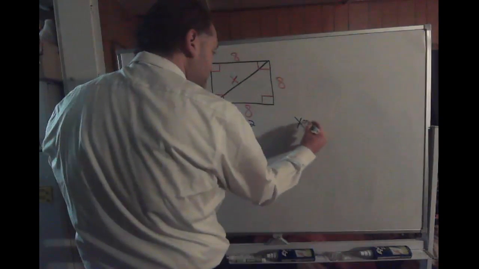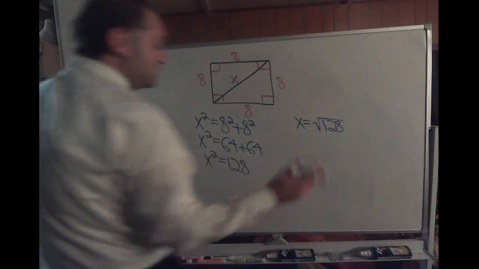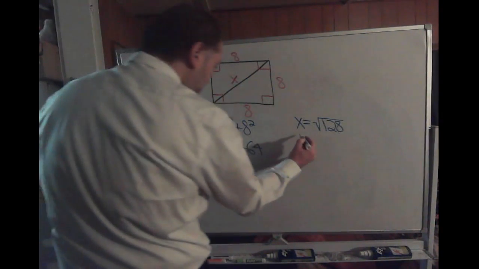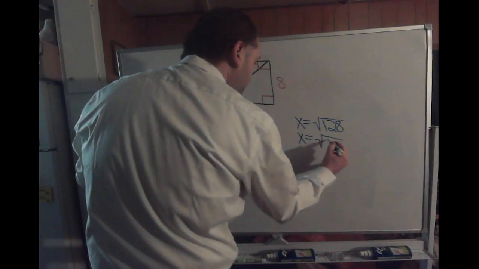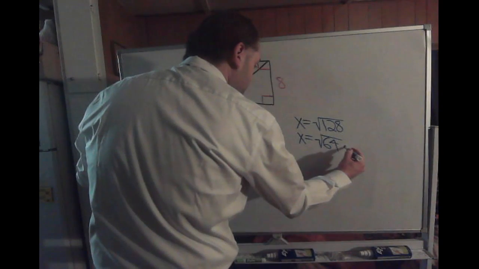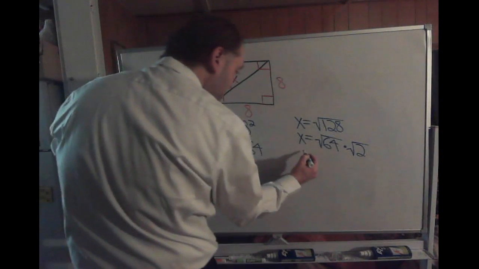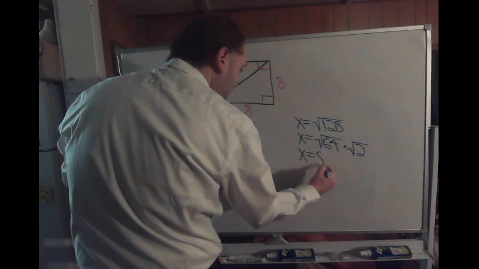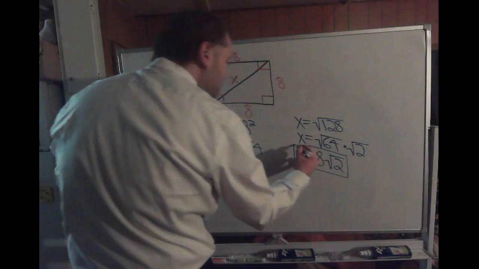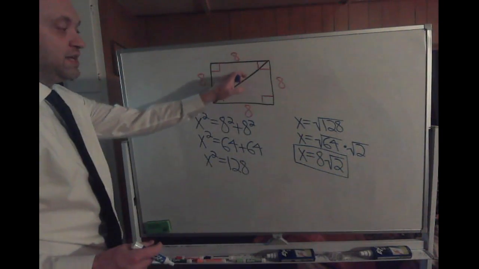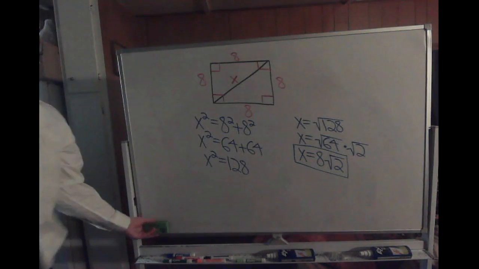That means x is equal to the square root of 128, which does simplify further because 128 has factors of 64 and 2, which 64 is a perfect square. 2 is not, so we can't do anything with that, but ultimately x would have a length of 8 times the square root of 2. So the diagonal of this square with length x is equal to 8 times the square root of 2.